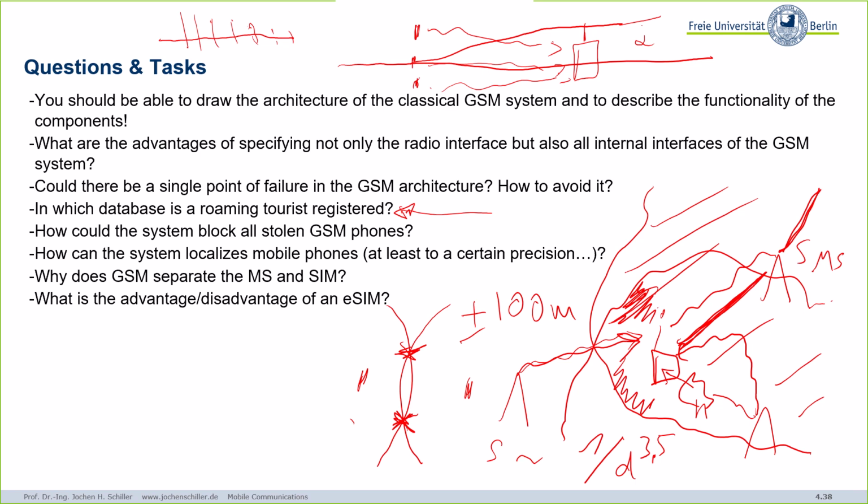So in a so-called broadcast channel, your device regularly gets the identification of a base station. And that's necessary also for handover, because if you receive signals from other base stations, you have to tell the system, hey, although I'm right now attached to this antenna, I also receive signals from this and from that antenna.